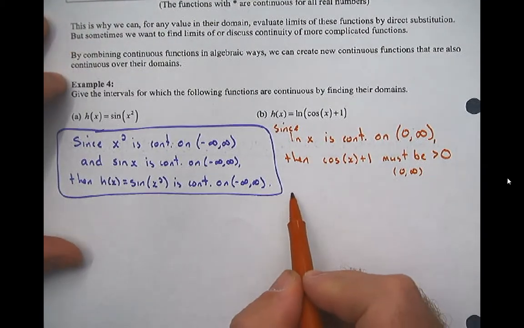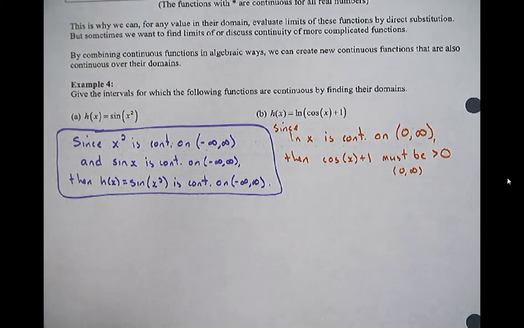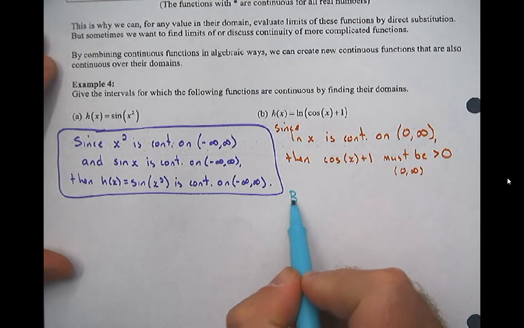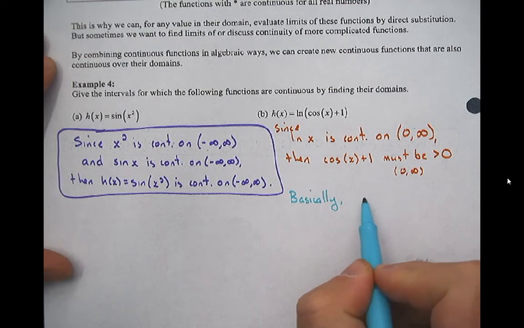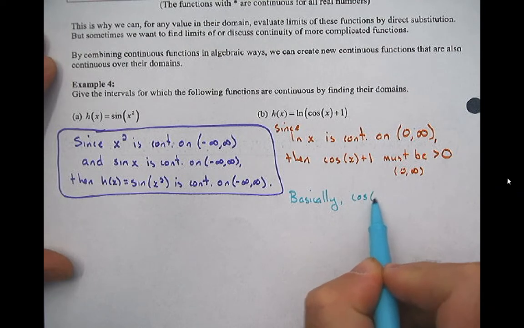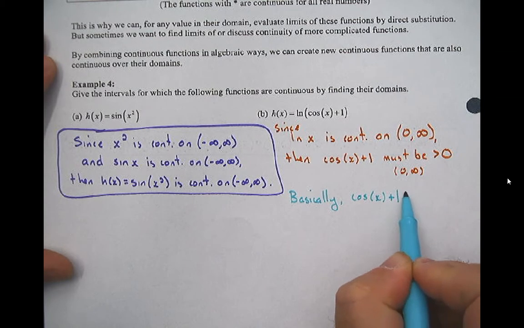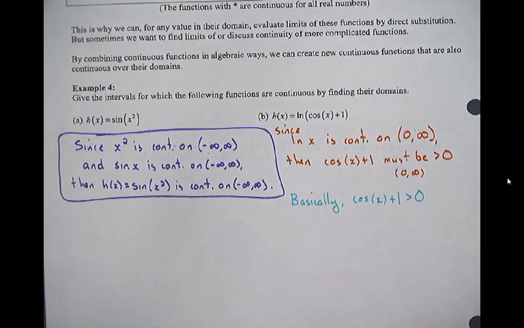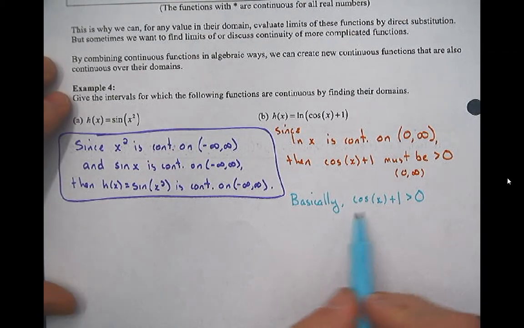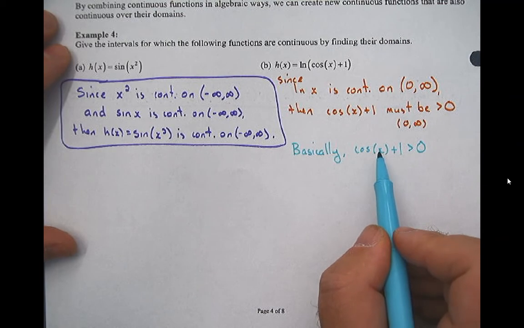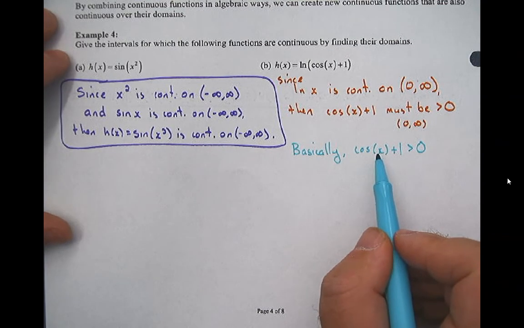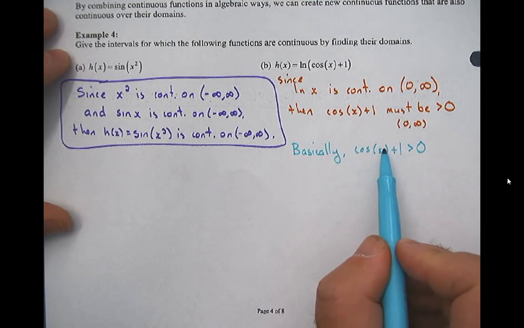So cosine of x plus 1 must be greater than 0. What are all the outputs of cosine?